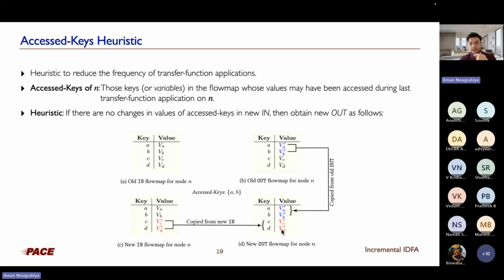So just by copying the values from the old outflow map for access keys and the new inflow map for non-access keys, we can obtain a result which is the same as the result that we would obtain by applying the transfer function. And clearly, copying these data flow maps can be much faster than applying the transfer function in most cases. We attain a lot of benefits because of the access keys heuristic.